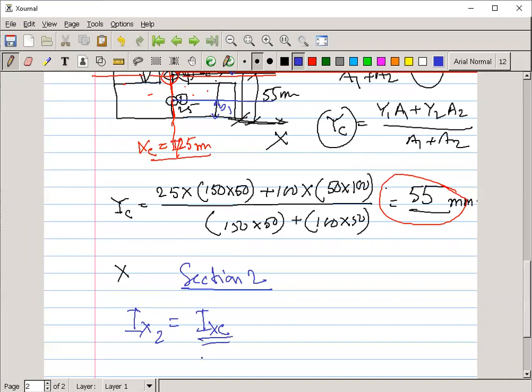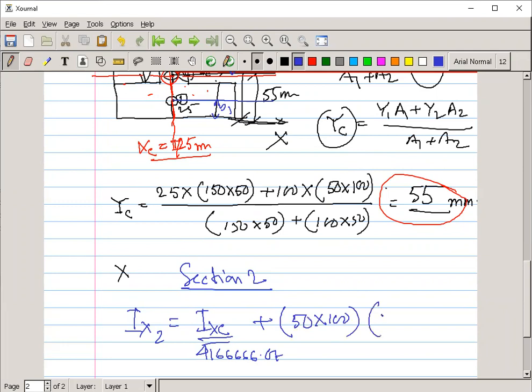This magnitude is 4112345.67 plus A h square, where A is 50 into 100.